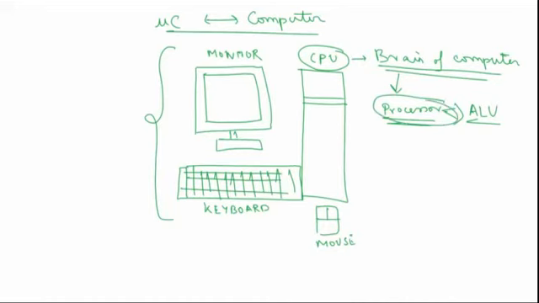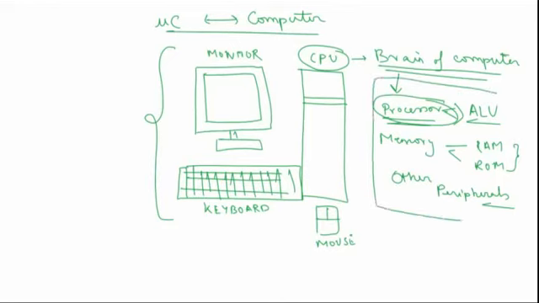In addition, your CPU also contains some other things like memory in the form of RAM and ROM. I'm sure you're familiar with these terms before. And it also has some other peripherals. So all this plays the most important part in a computer. That's why the CPU is called the brain of the computer.